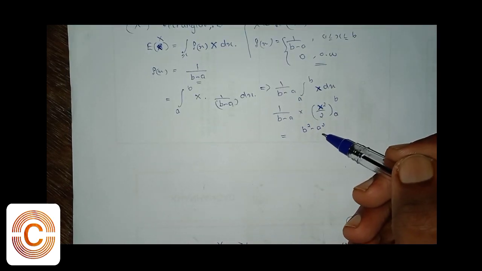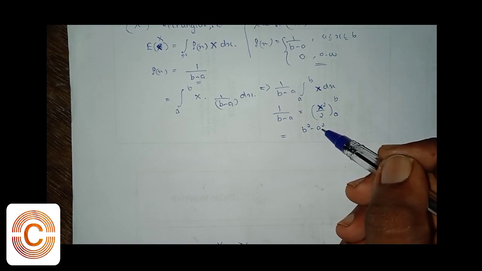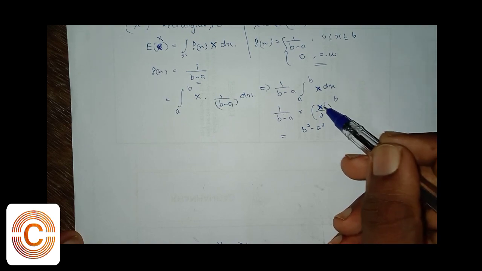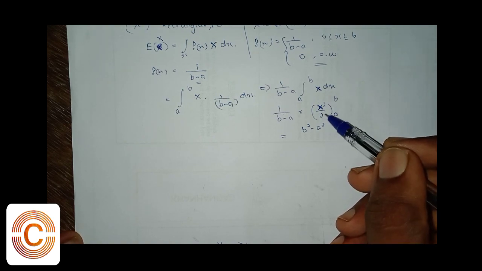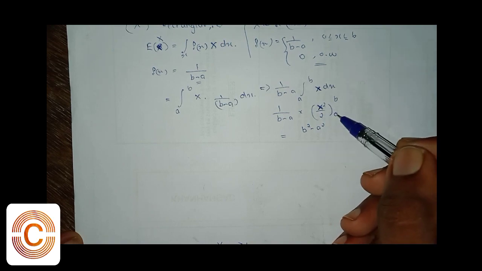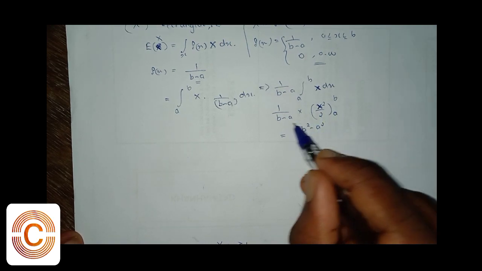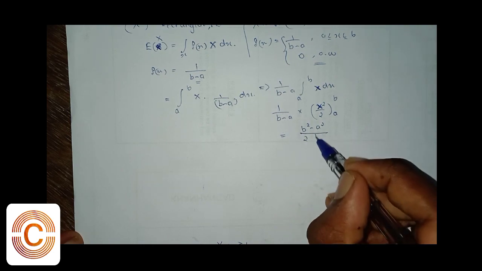So here it becomes b square minus a square in the numerator, that is, when putting the upper limit and lower limit into the numerator term x square. The denominator contains the constant term 2 and b minus a, that is 2 into b minus a.